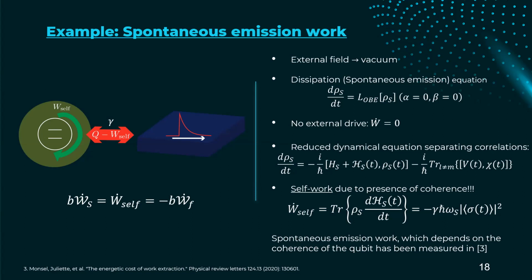So there are two ways of thinking about this. One is you apply bipartite quantum energetics, you'll see that there is some work done and it depends on the qubit coherence. The other way of thinking about it is there is some external driving happening, which is turning the qubit, and the rate of change of this drive, the average of that, is some work flux that appears here. This is the self-work.